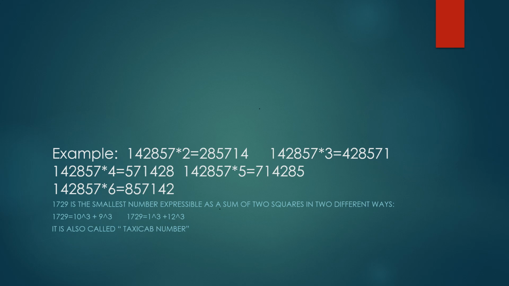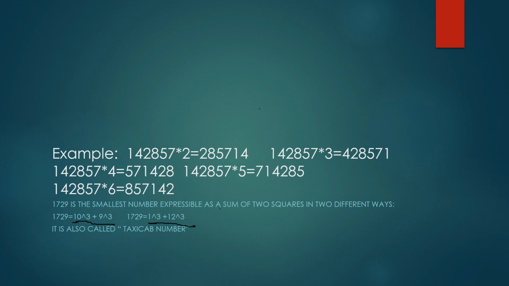After he reached the hospital, he reported that incident to Ramanujan, and instantly Ramanujan said that's not a boring number, or a number that you should dislike, because it's the smallest number expressible as a sum of two cubes in two different ways, and even mentioned the examples: it is equal to 10 cube plus 9 cube and 1 cube plus 12 cube.